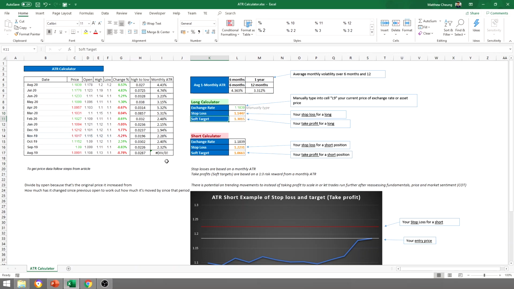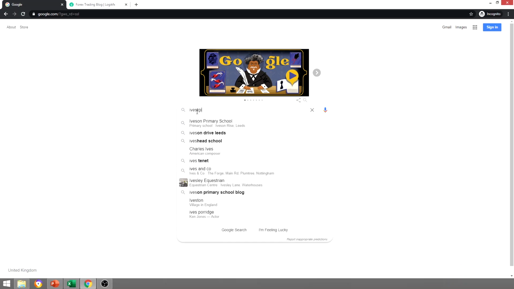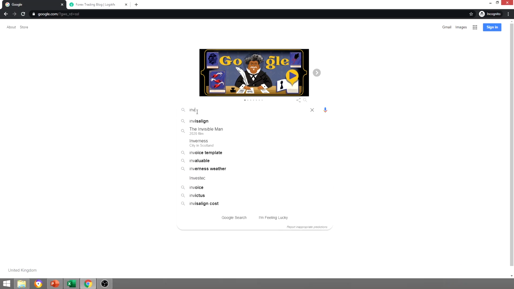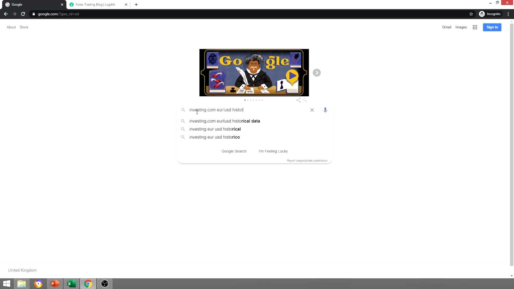So how do we actually apply this? How do we actually work out what it's doing? Well, the first step, I'm going to show you exactly that. What we want to be doing is going to Google. You want to type in investing.com, and then the currency pair you want to trade. Let's take EUR/USD as an example. And then we want to type historical data on the end. Okay, go ahead and do that.